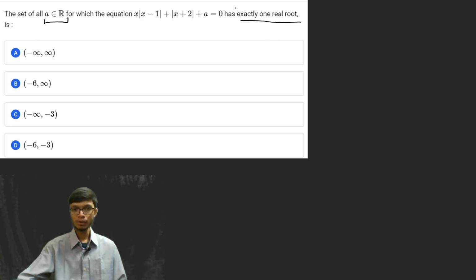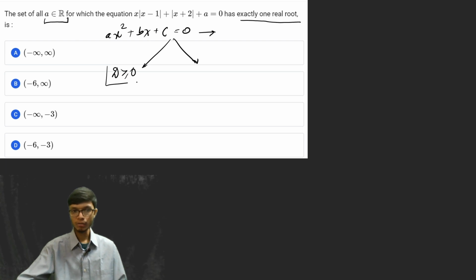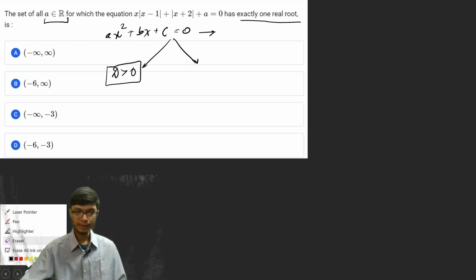real root. So you know a quadratic equation: ax square plus bx plus c is equal to 0, with a, b and c real numbers. There are three conditions for this quadratic equation. Instead of writing d greater than or equal to 0, let me write d greater than 0.